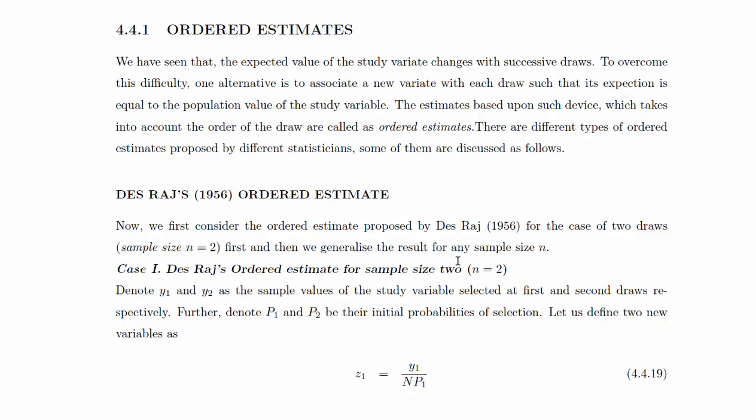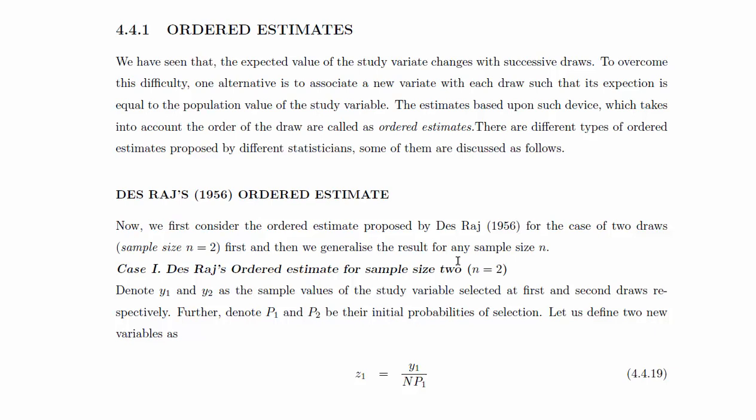Now let us consider the ordered estimate first, and how we find an ordered estimate. Let us consider this for the sample size of 2, suggested by Desraj. That is why it is called Desraj's ordered estimate.